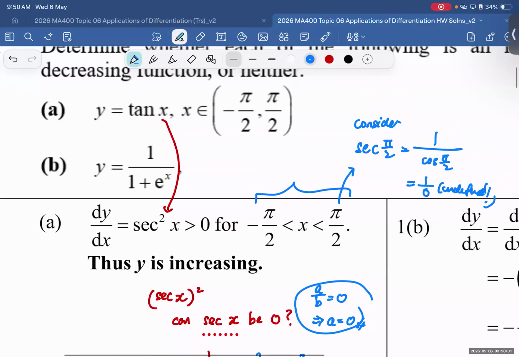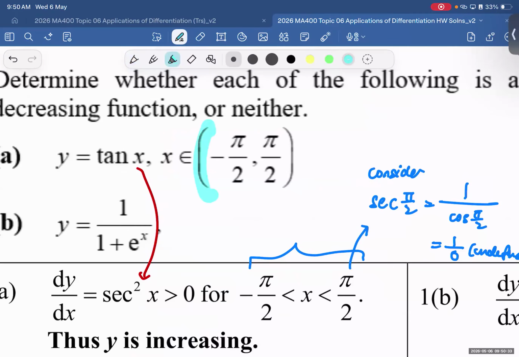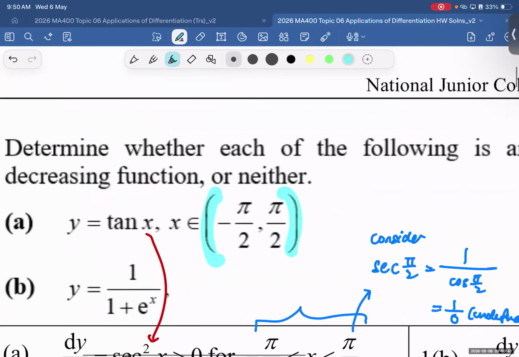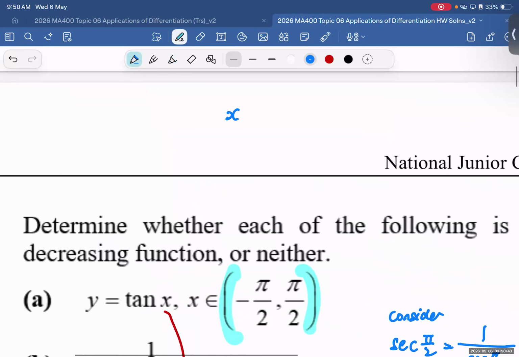Okay. You all understand what this means? This one means doesn't include. Good, thanks for pointing this out. When you have something like x in a round bracket a comma b, this means x is between a and b. Have I mentioned this before? I did, right?